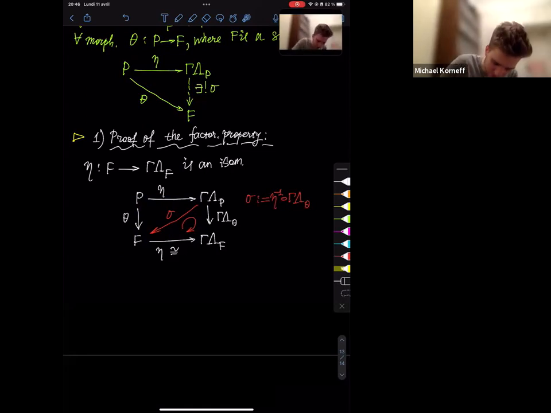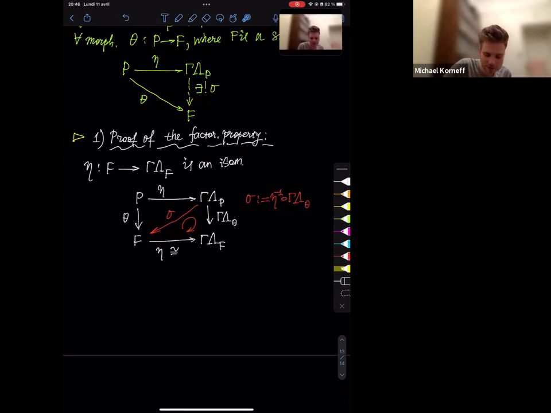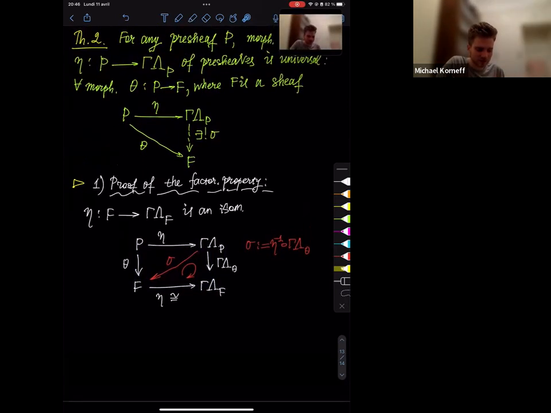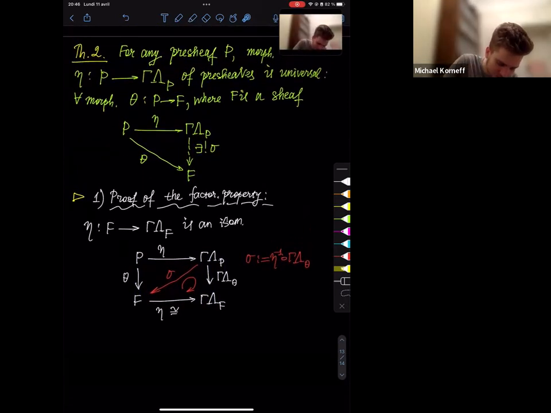Okay, and then we obtain that this triangle commutes and the outer square commutes, and this implies that this triangle also commutes, and it means that we have proved this statement. But also we should prove that the map sigma is unique.